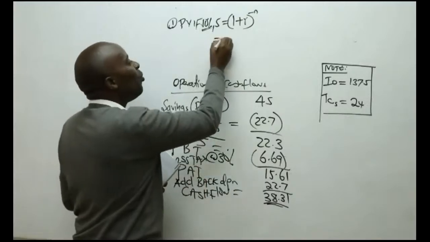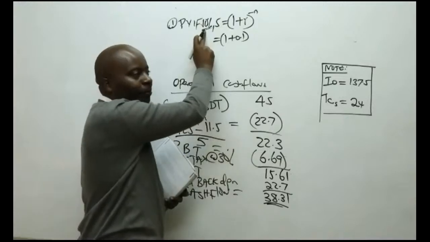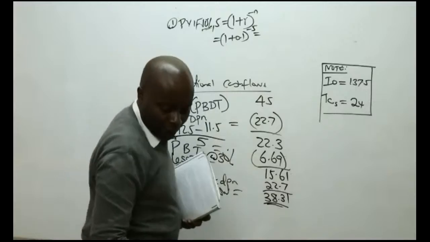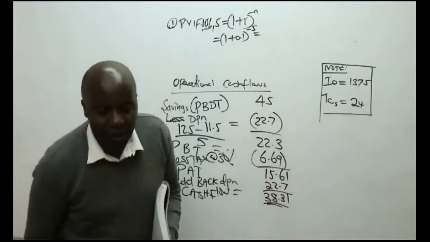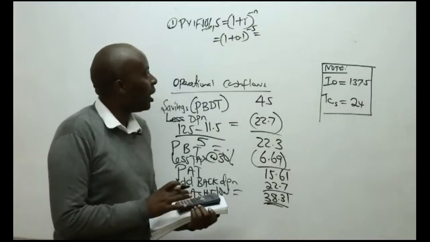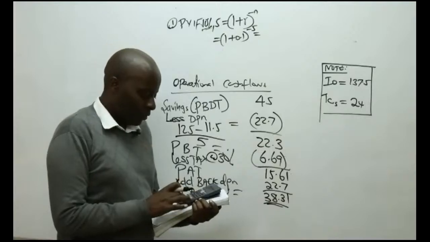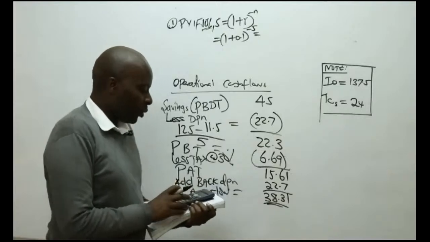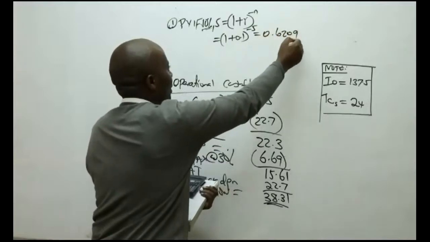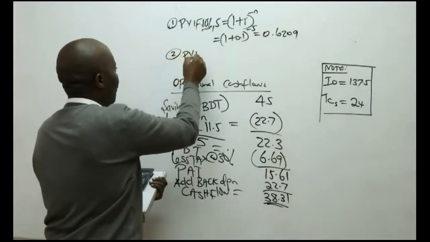Therefore, this will be 1 plus 0.1 because r is 10%, raised to 5 years. With a calculator, 1.1 raised to negative 5 equals 0.6209.